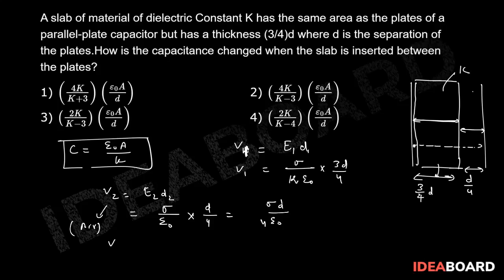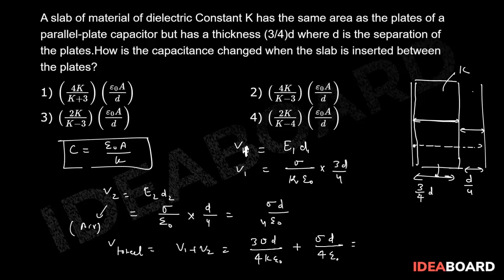V total will be equal to V1 plus V2. V1 is 3 sigma D divided by 4K epsilon naught, plus the value of V2, which is sigma D upon 4 epsilon naught.